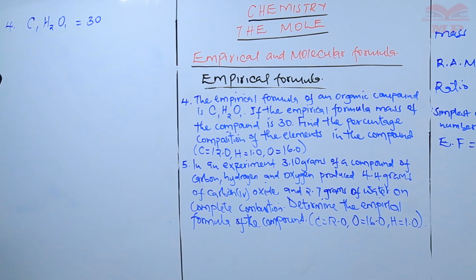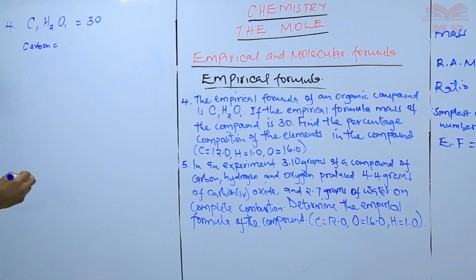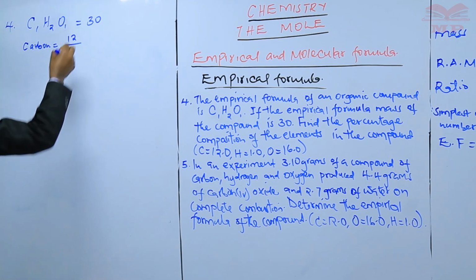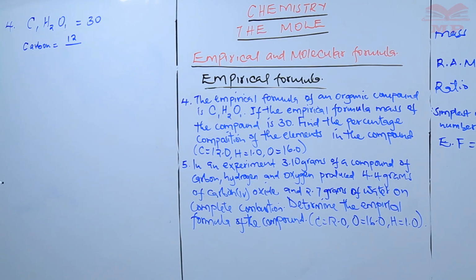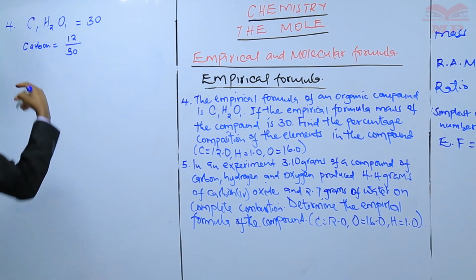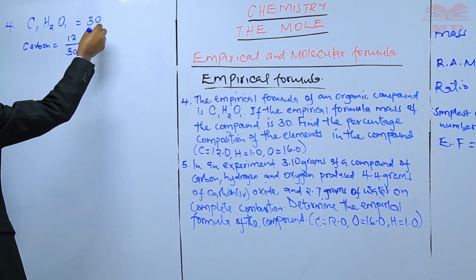Therefore, because the elements which are forming this compound are carbon, hydrogen, and oxygen, it will now be so easy to get the percentage. We start with the percentage of carbon, and the percentage of carbon will be given by the mass of carbon, which is 12, divided by the formula mass of the compound, which is 30. And because we are calculating the percentage, you have to multiply by 100.